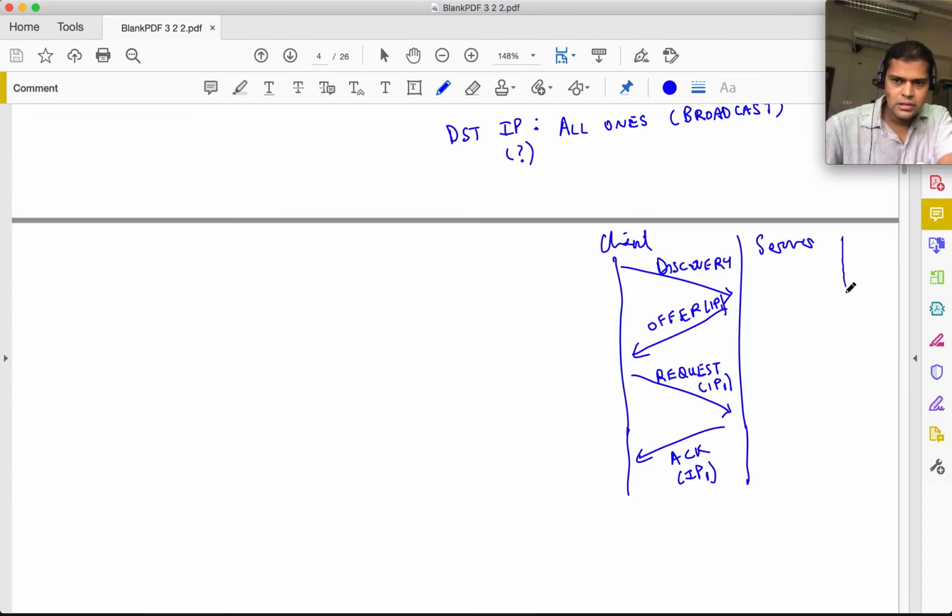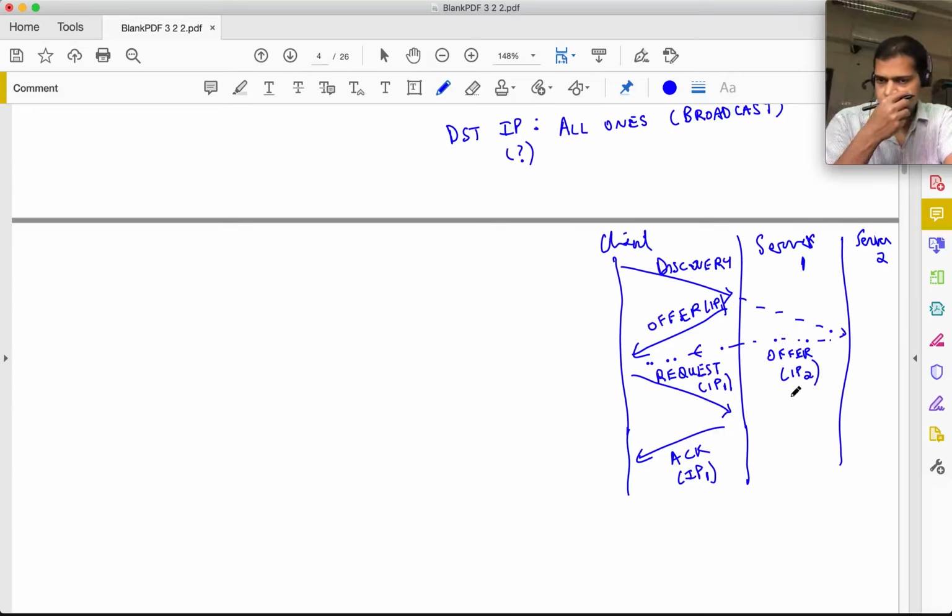First of all, there could be multiple servers. Let's say this is server 1, and there could be a server 2. This discovery is broadcast to everybody. So maybe an offer comes from server 2, and let's say there is a second IP address offer.